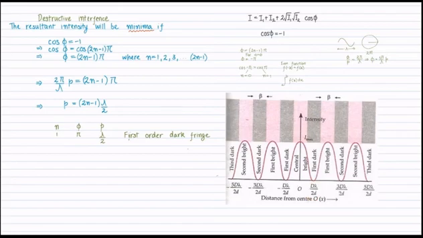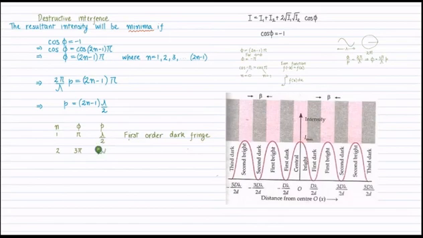Now you can repeat this one thoroughly. Again, substitute the next order, n equals 2. If n is equal to 2, then my phi will be 2 twos are 4 minus 1, 3 pi. If my phase difference is 3 pi, what will be the path difference? Path difference will also be thrice of lambda by 2.